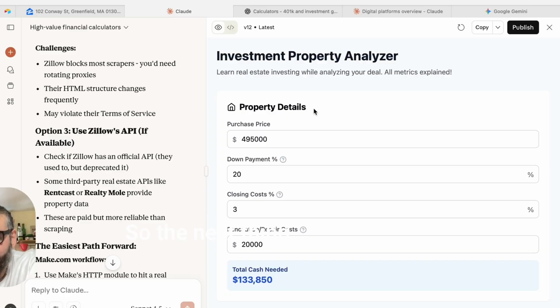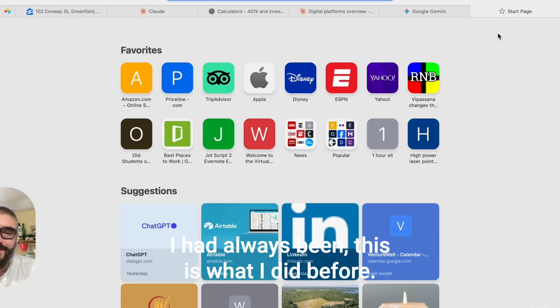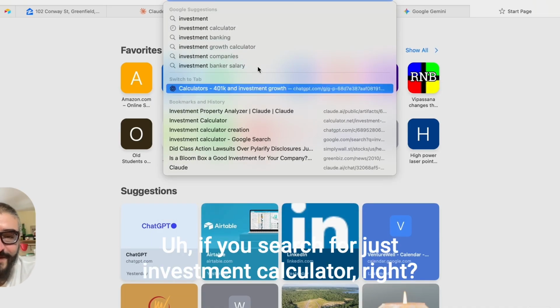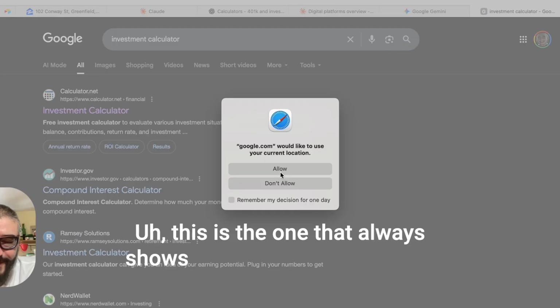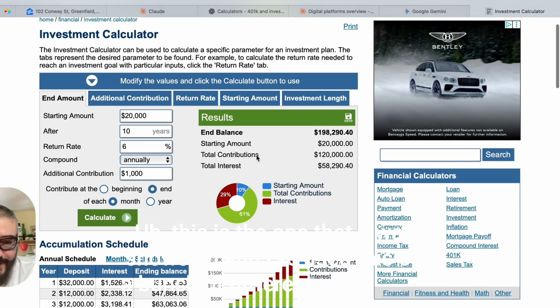So the next thing that I'm going to show you is a few different financial calculators that I made. This is what I did before. If you search for just investment calculator, this is the one that always shows up. And I've used this one a bunch of different times.